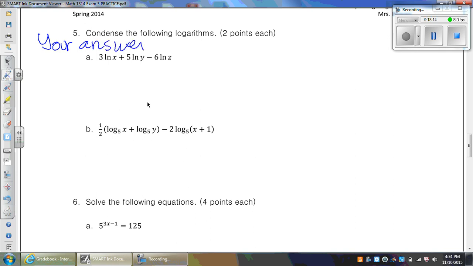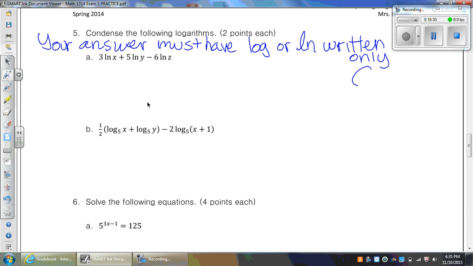Your answer must have log or ln written only once, because it says condense. So if you are doing your work and then you find yourself with log more than once, then it's wrong. And then you're not going to get the credit. And you're going to make me mad.